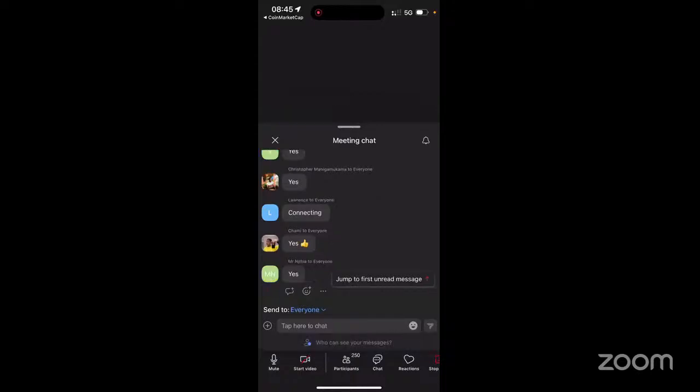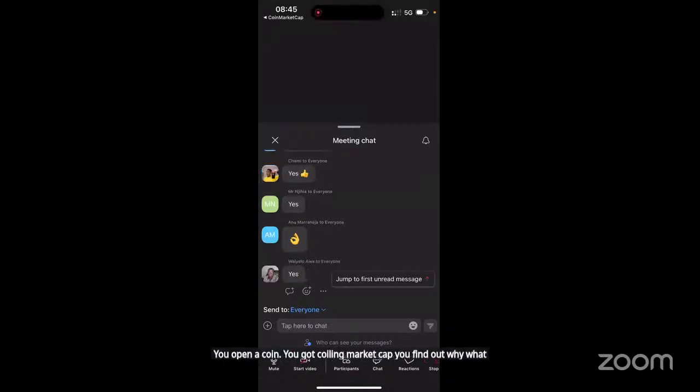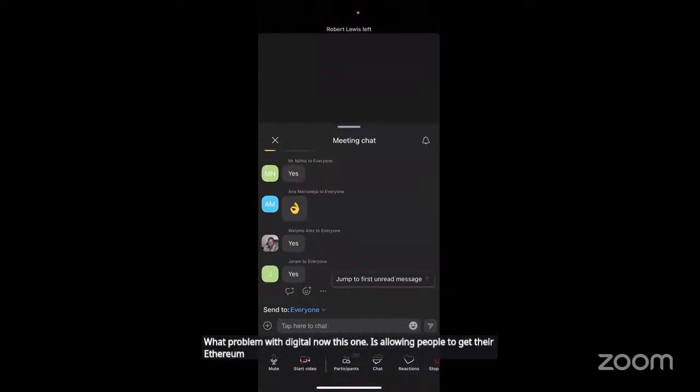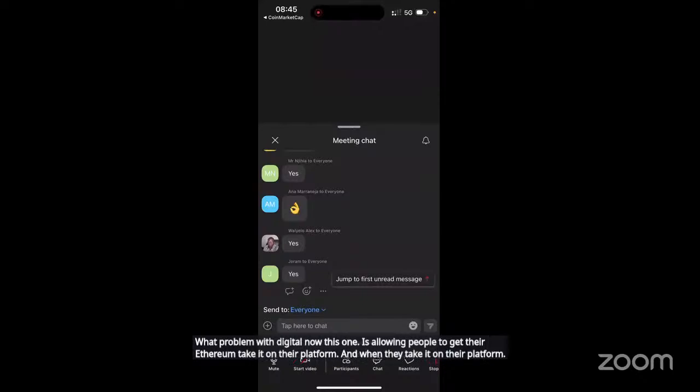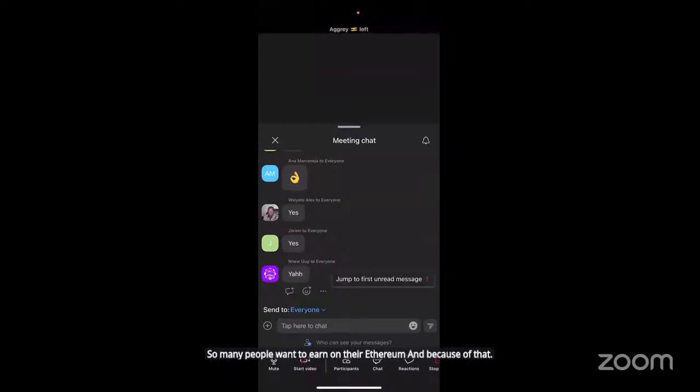You open a coin, you go to CoinMarketCap, you find out what this coin is all about. What problem is it solving? This one is allowing people to take their Ethereum onto their platform, and so many people want to earn on their Ethereum. Because of that, the coin is doing well.